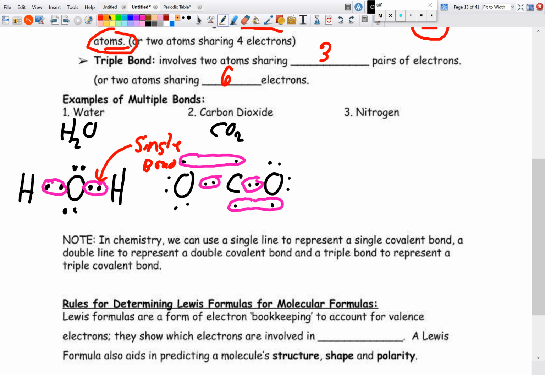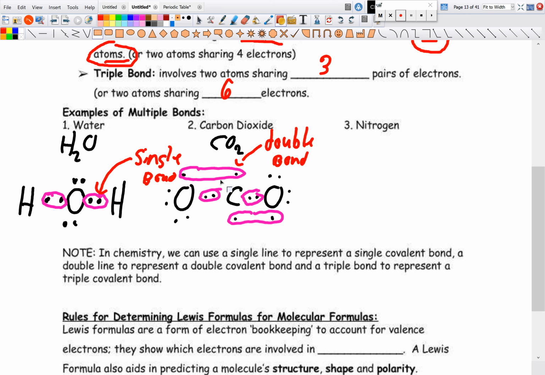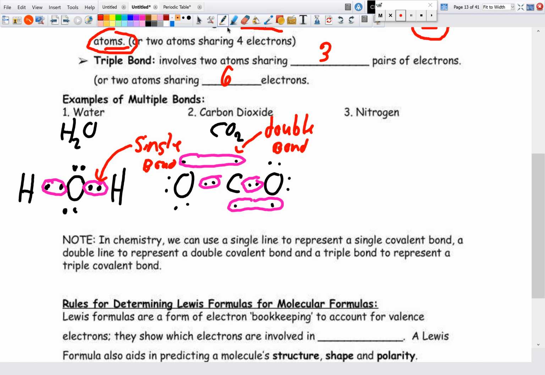So I can put that in. And likewise, the same thing happens with this carbon and this oxygen. You cover up what's happening elsewhere and look between this carbon and this oxygen: we have 1, 2 bonds, so that is also a double bond.